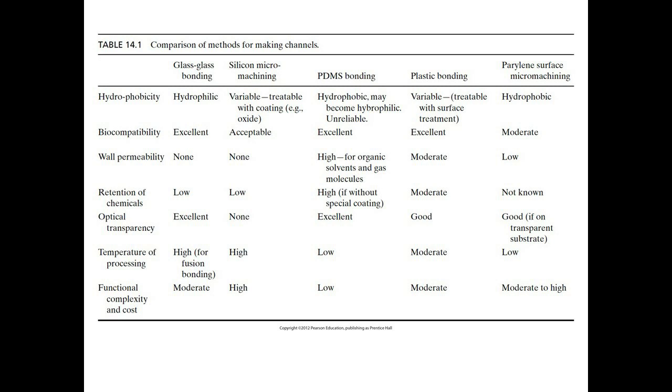Glass is good, PDMS is good, plastic is good, and parylene depends on whether it is on a transparent substrate. For temperature, glass is high, and maybe you need it to be done at low temperature, for instance if you want to do soft lithography on it.